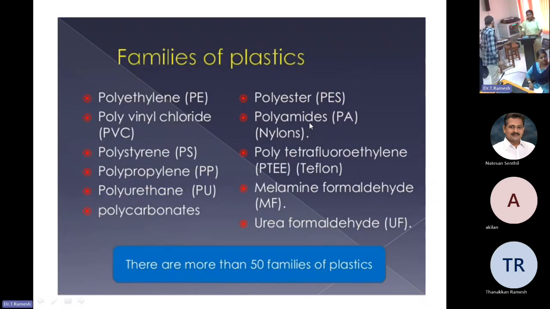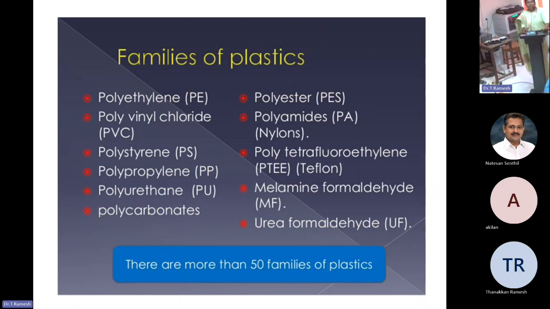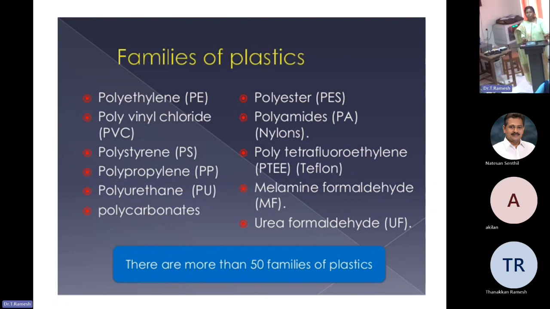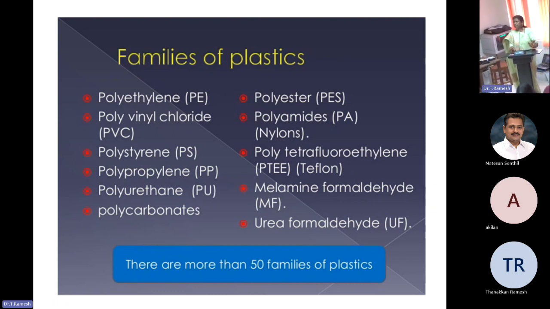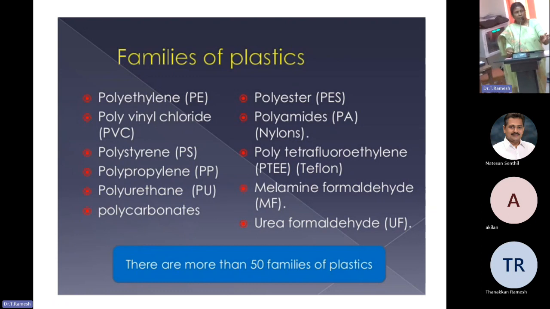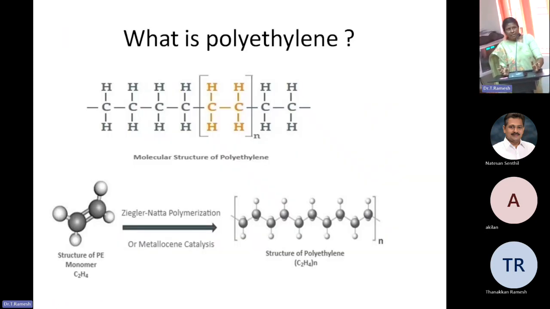Yeah, so there are more than 50 families under plastics. These are all the important families of plastic. Our polyethylene is one of the important families of plastic. That much is sufficient to know at this stage. Please, next one. This I wanted to show you. This is the structure of polyethylene.